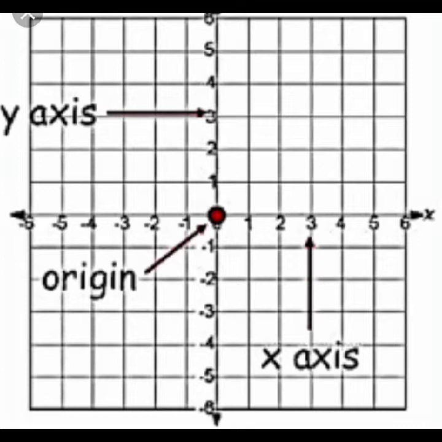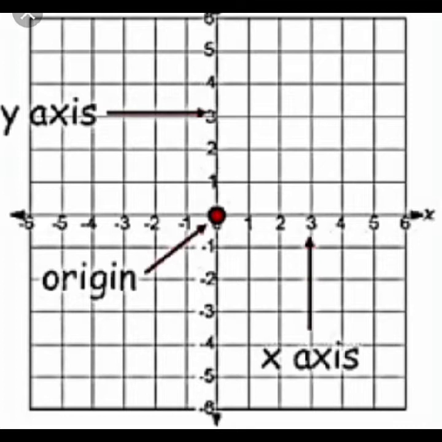We will have the horizontal line as the x-axis, that is XOX dash, and the vertical line YOY dash. YOY dash is called the y-axis and XOX dash is called the x-axis. Both the axes will intersect at a point. That point is called the origin. So, the coordinate of the origin is 0, 0.